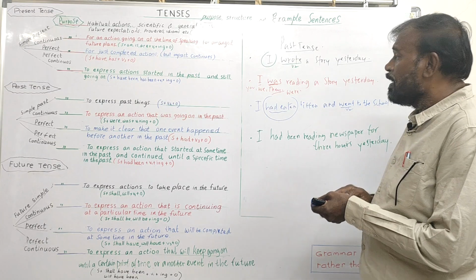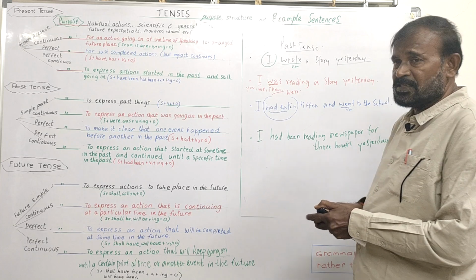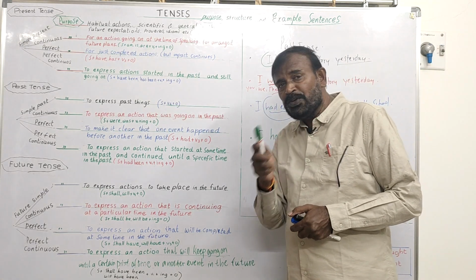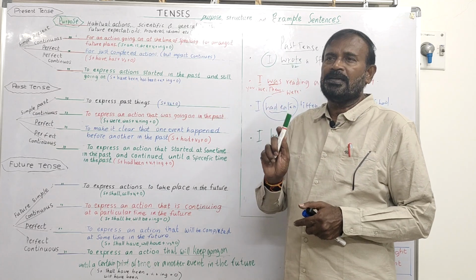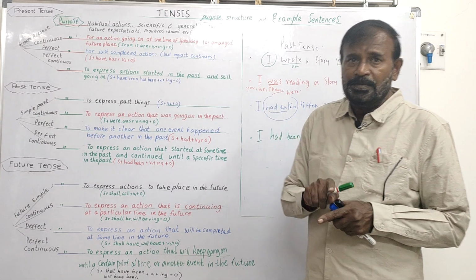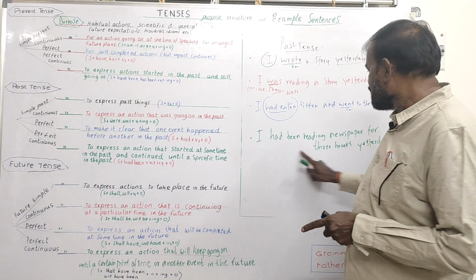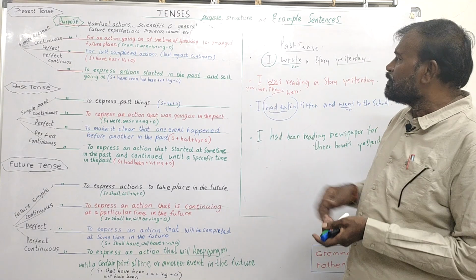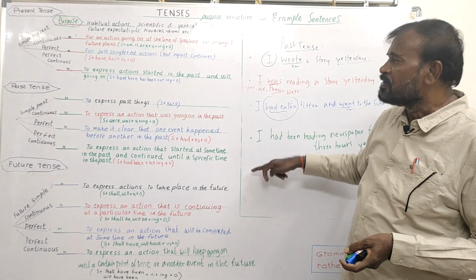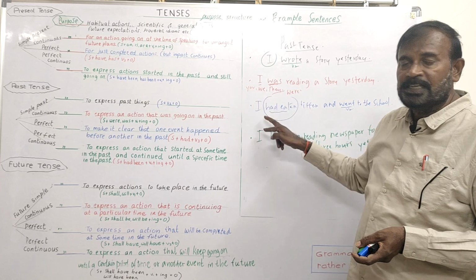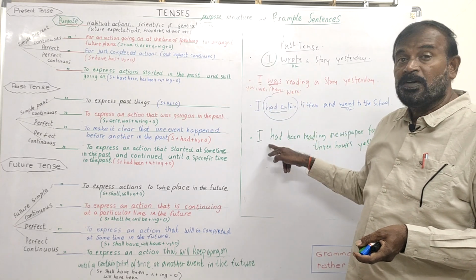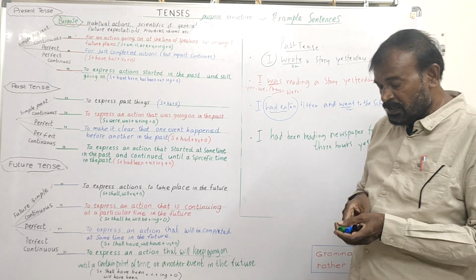It's about the past perfect continuous tense. The action that started in the past, continued in the past, and at some time ended in the past. For that purpose, we use this kind of sentence. It's about the past tense. In past tense also, we have 4 tenses: past simple, past continuous, past perfect, and past perfect continuous tense.